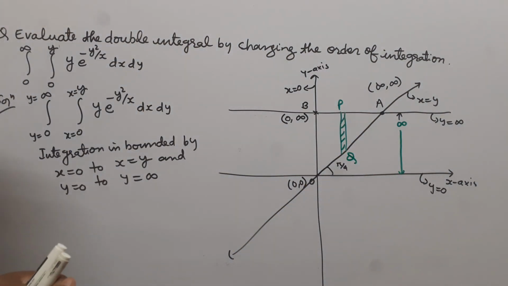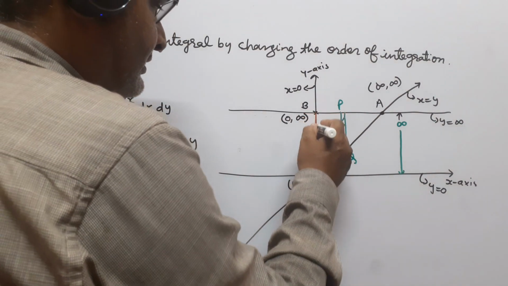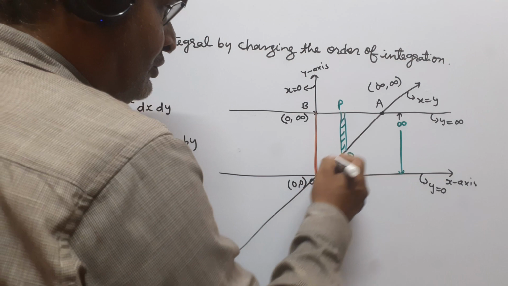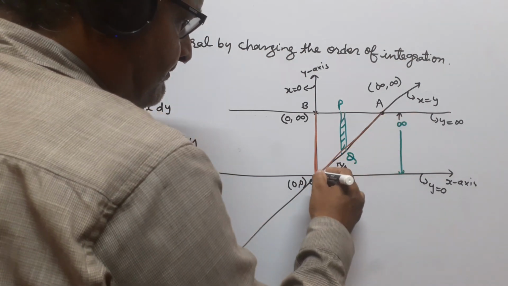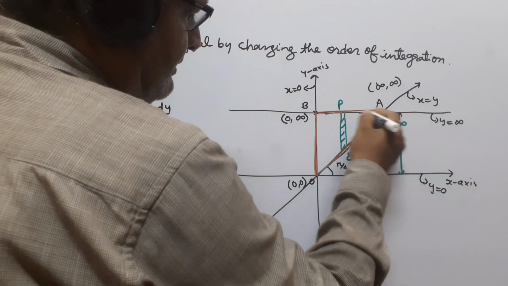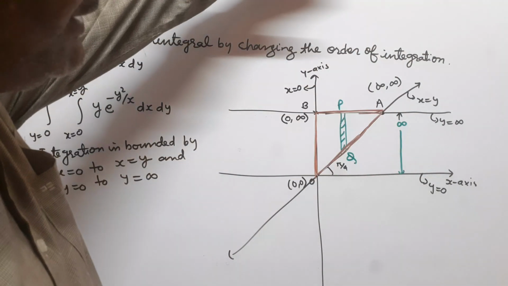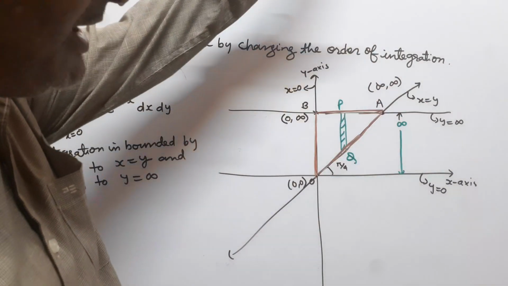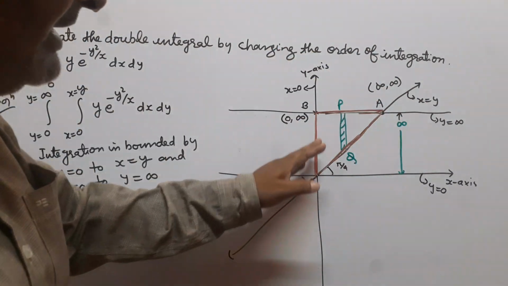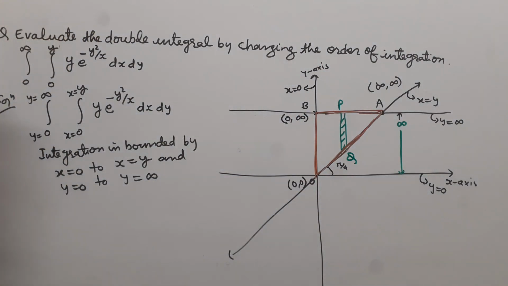This is the given region. The point P lies on infinity, the point A also lies on infinity, and the point B also lies on infinity.